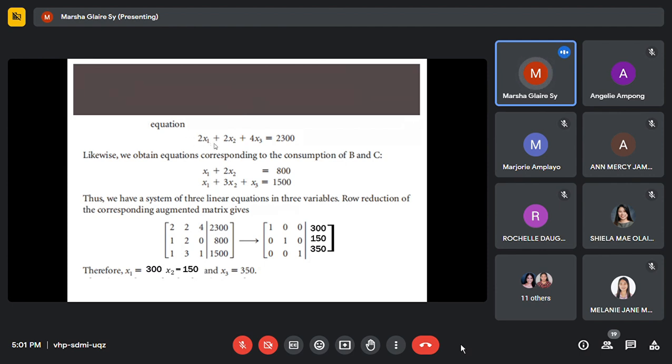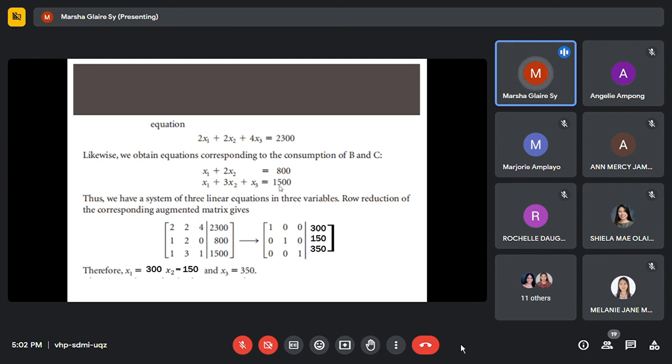So 2x1 plus 2x2 plus 4x3 is equal to 2,300. Likewise, we obtain equations corresponding to the consumption of B and C, which are x1 plus 2x2 is equal to 800, and x1 plus 3x2 plus x3 is equal to 1,500.